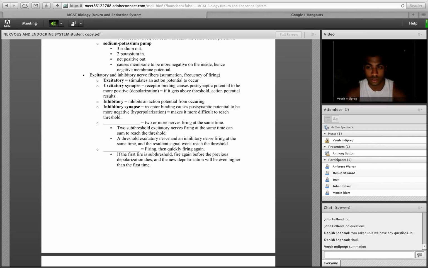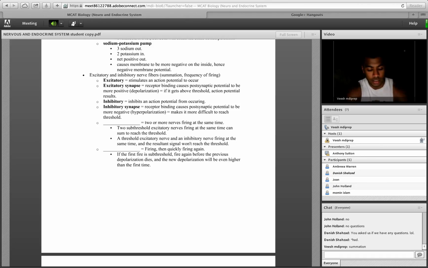So two different excitatory nerves that are sub-threshold and firing at the same time could add up to the point where the signal is high enough to pass that threshold and send an action potential. When you have an excitatory nerve firing an amount that reaches the threshold, but also an inhibitory nerve firing at the same time, the resulting signal may not reach that threshold and may not start the action potential.